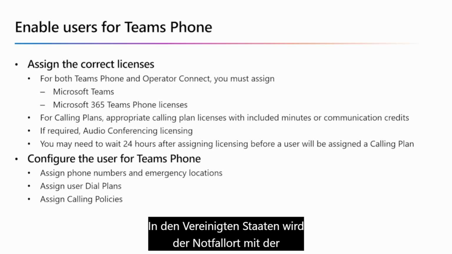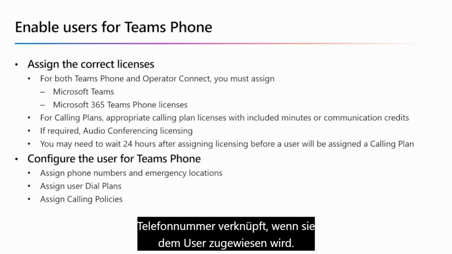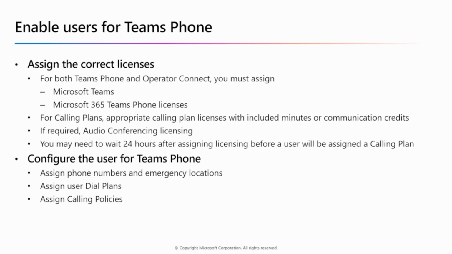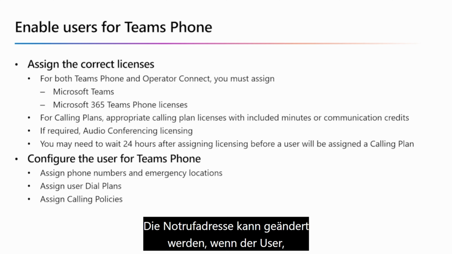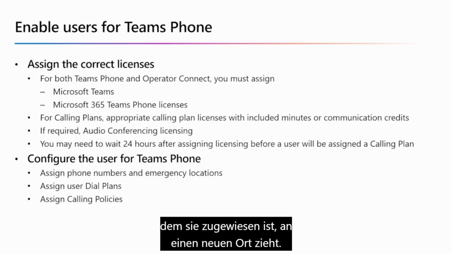In the United States, the emergency location is associated with the phone number when it's assigned to the user. The emergency address can be changed if the user that is assigned moves to a new location.